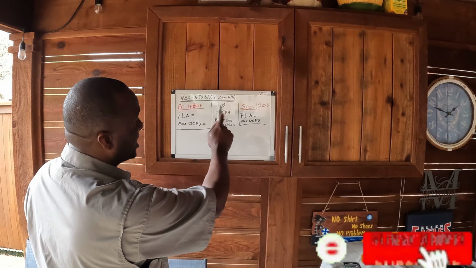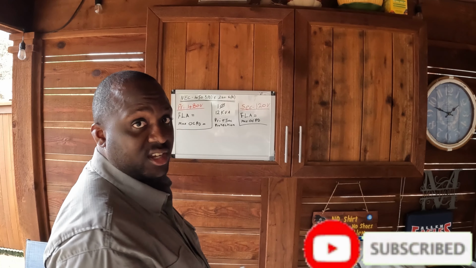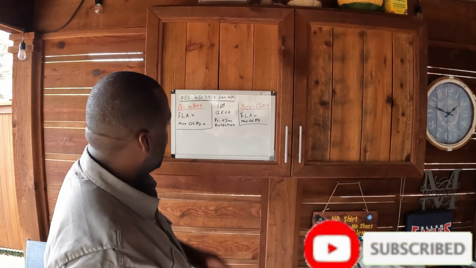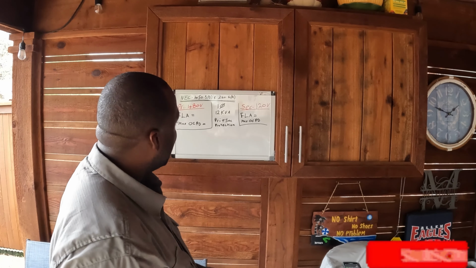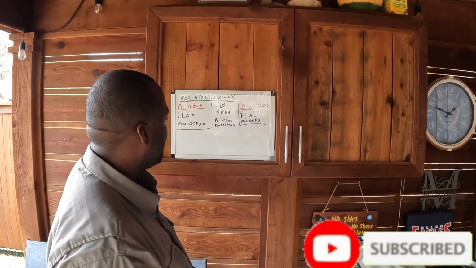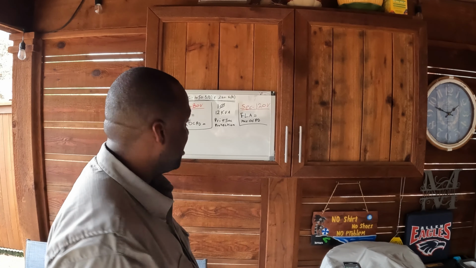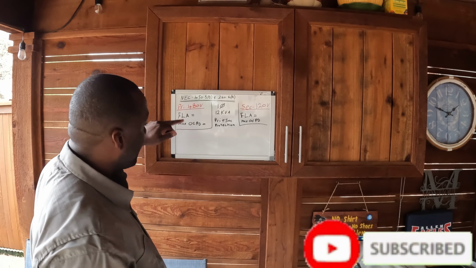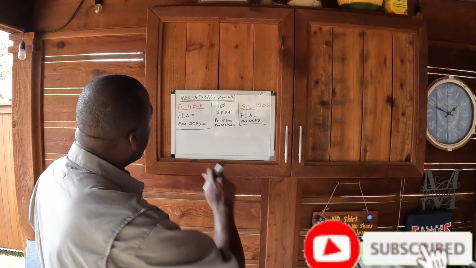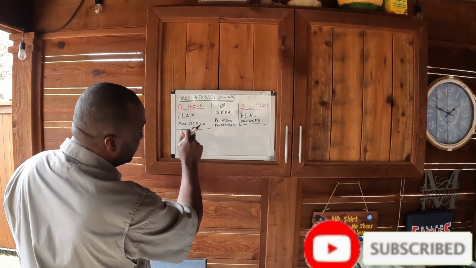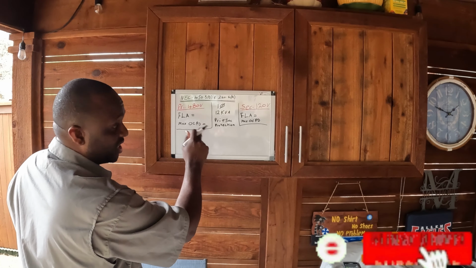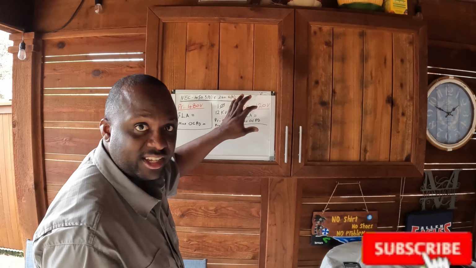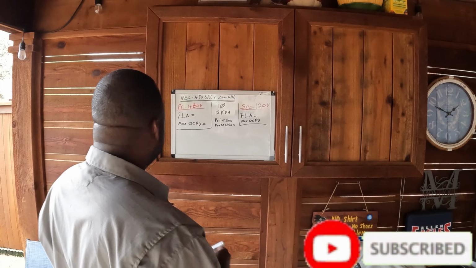As you can see, it's a single phase. The transformer is 12 kVA, so that's 12,000 volt amps. So watch this now. We're trying to find the FLA, which is the full load amps, and the maximum overcurrent protective device, and we're going to find that for the primary and the secondary.